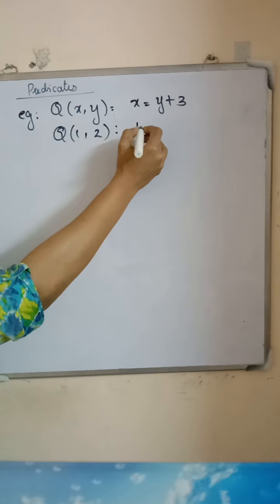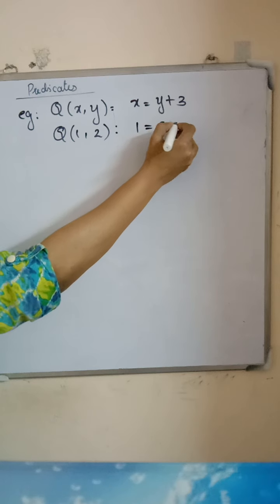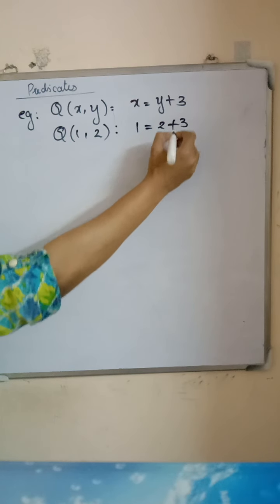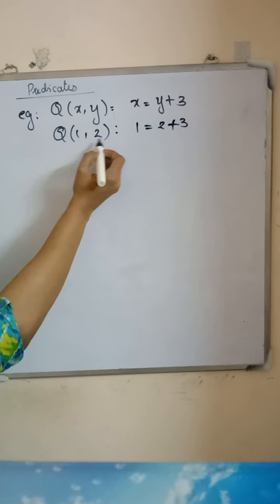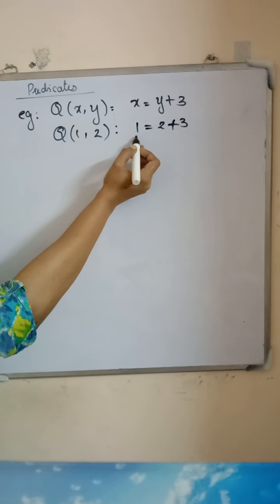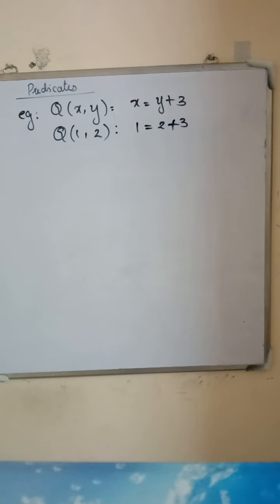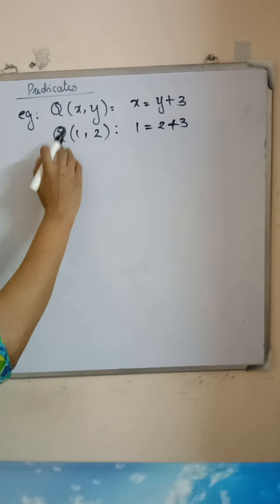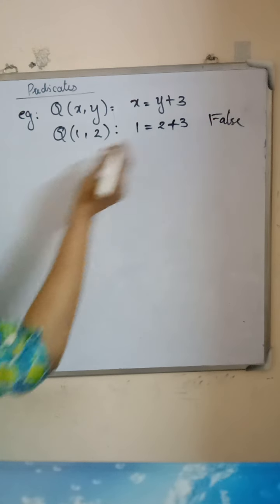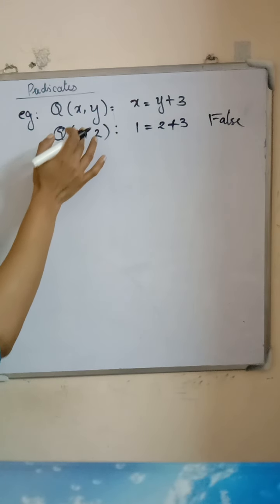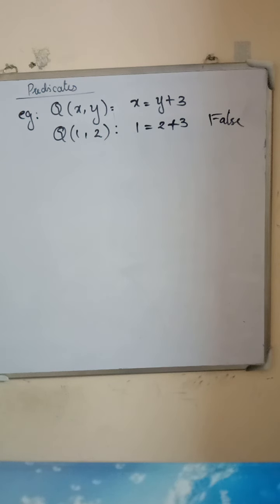Substituting, we get the equation 1 is equal to 2 plus 3. We know that that statement is false. So this predicate is false whenever we substitute x equal to 1 and y equal to 2.